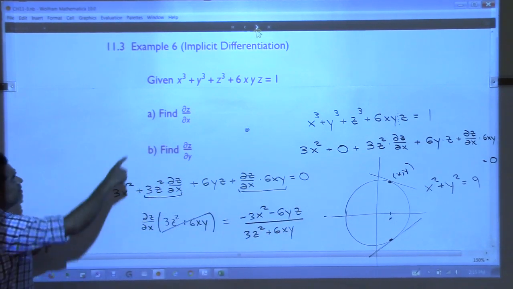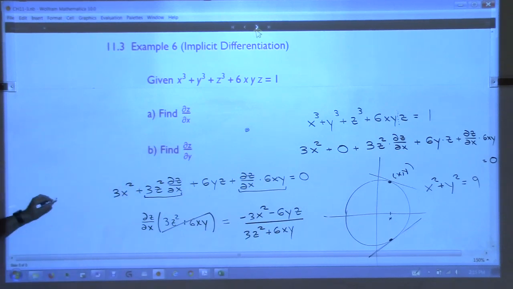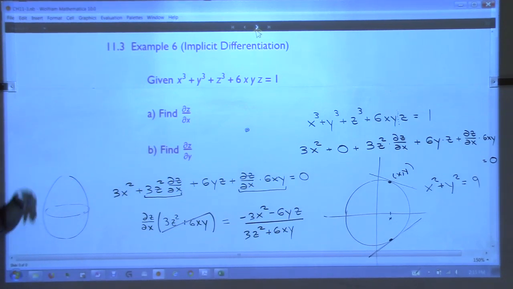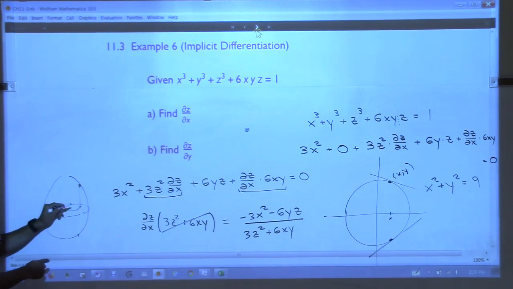So this equation up here might turn out to be some sort of three-dimensional surface, not an ellipsoid, where it would fail that vertical line test again. So to talk about the slope of the tangent line in any particular direction, I'm going to need to know an x coordinate, a y coordinate, and a z coordinate so I can distinguish it from other points on the surface. Make sense?